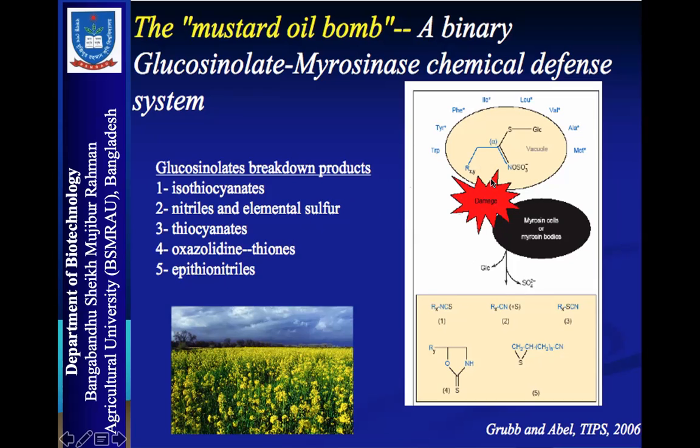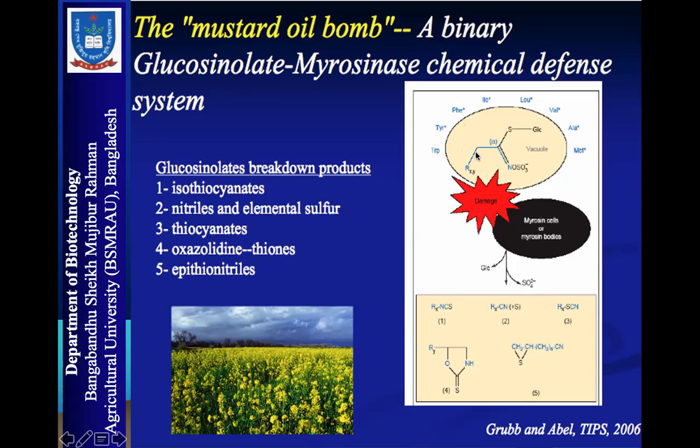That means immediately during injury or damage, myrosinase enzyme activity increases, it becomes activated, and it breaks down the glucosinolate, the actually inactive compound.